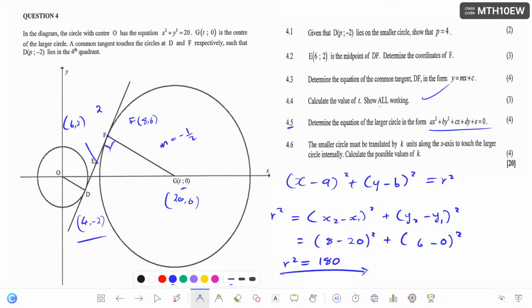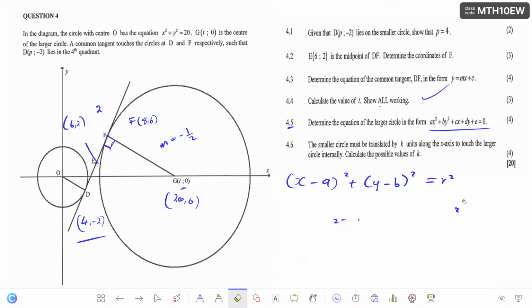So the last question, they said the smaller circle must be translated by k units along the x-axis to touch the larger circle internally. Calculate the possible values of k. Okay, this one you need to know something.